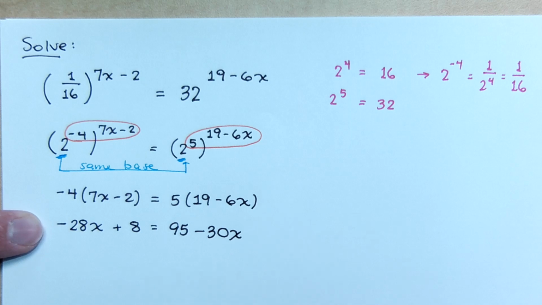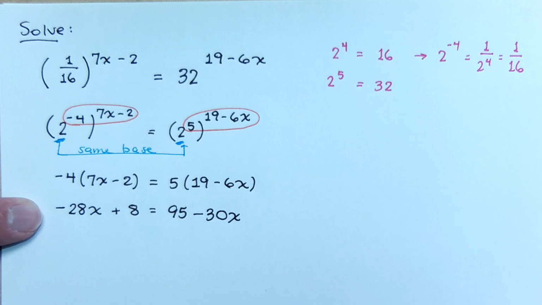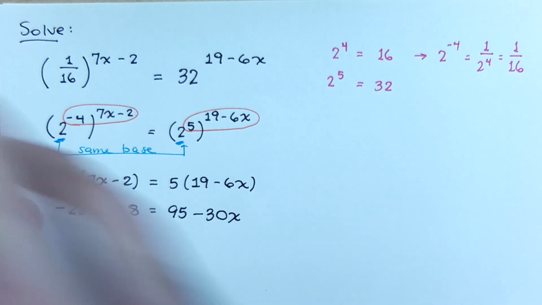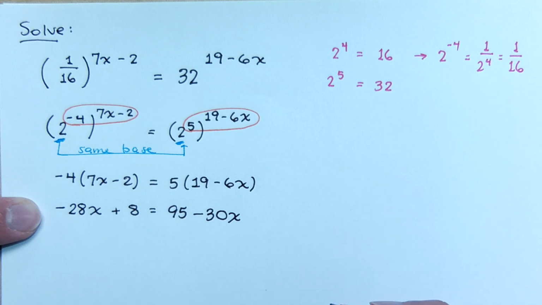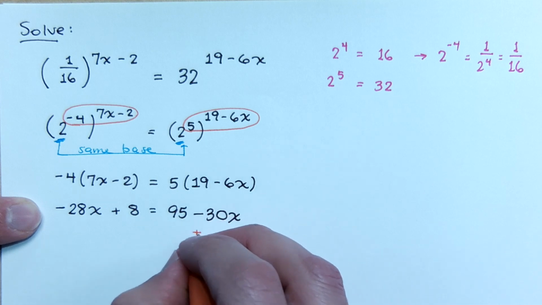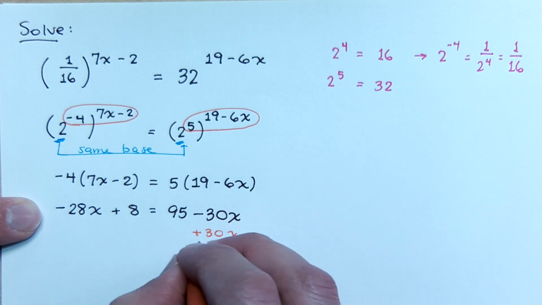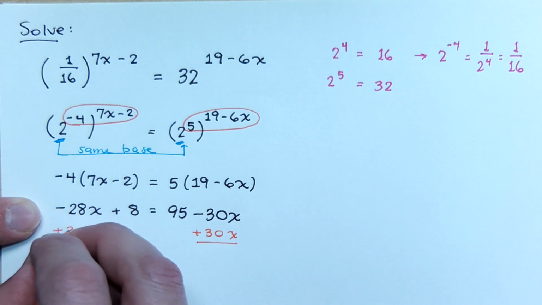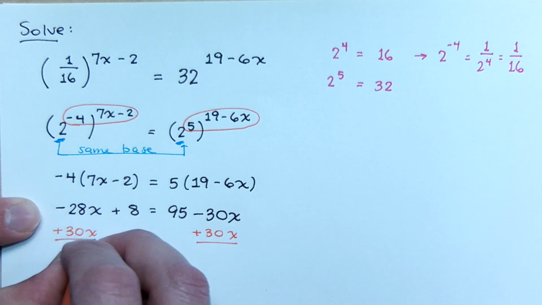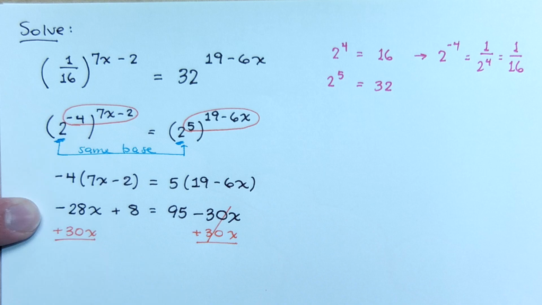You know what to do with these guys. You get x's on one side, you get your constants on the other, and so what's the quickest, simplest, easiest way of doing that? Right, I would add 30x over to the left side because that now makes my variable term have a positive coefficient. That should make things easier for me.